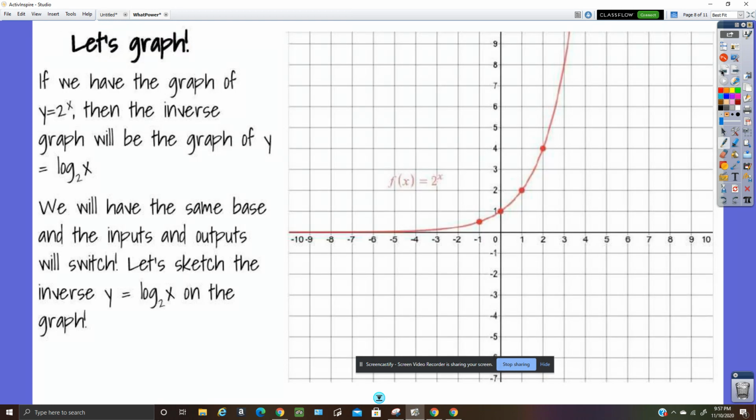All right, on slide 8, we want to graph the inverse. So when you do the inverse of (0, 1), that's (1, 0). And then the inverse of (1, 2) is (2, 1).